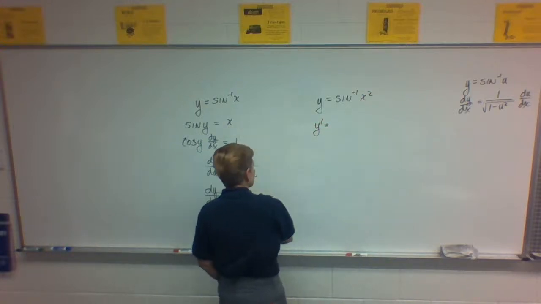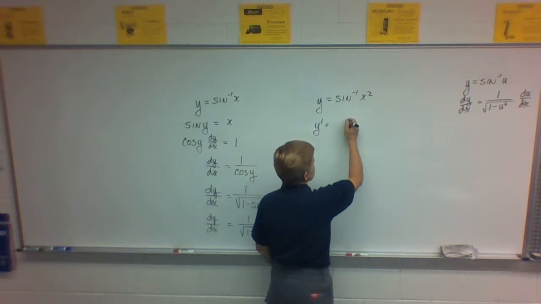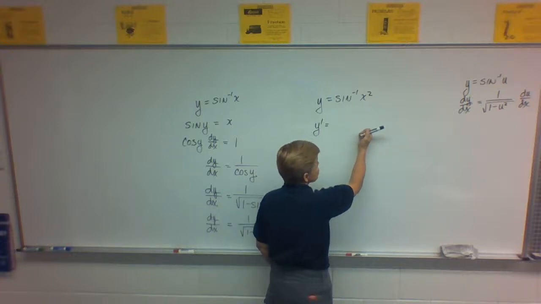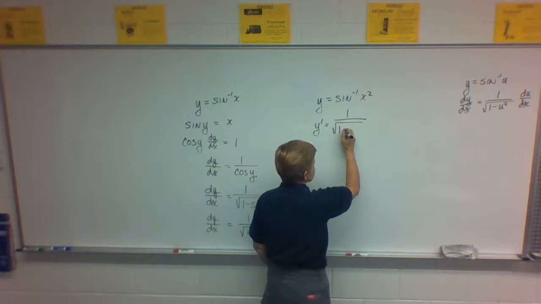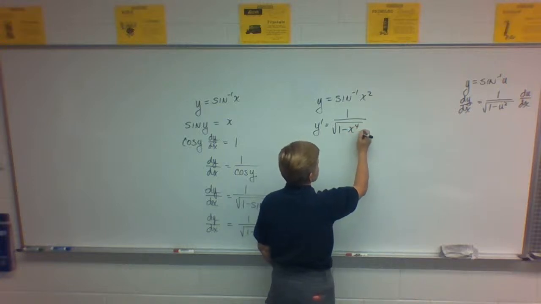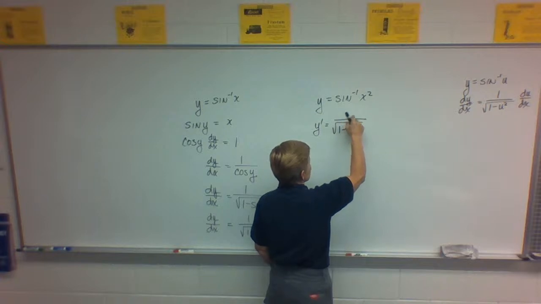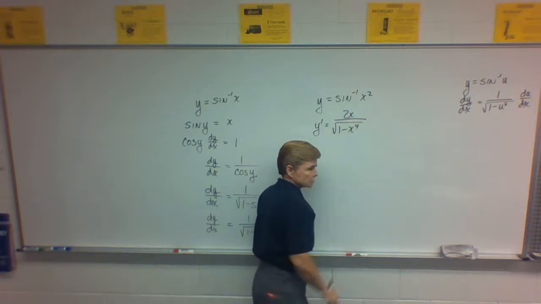Now that we've done all of this grunt work, what will we have as a result? 1 over the square root of 1 minus x to the 4th, times 2x, the derivative of that.